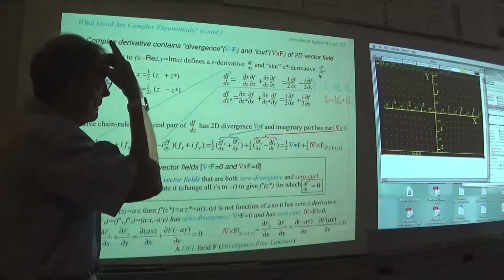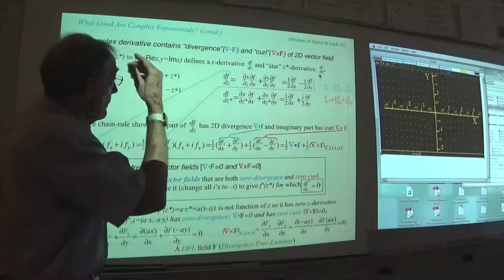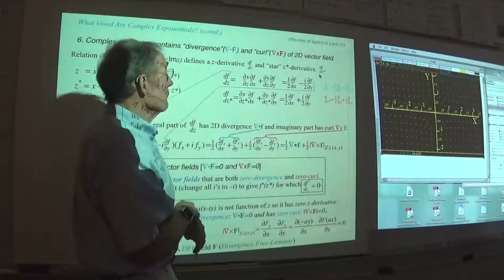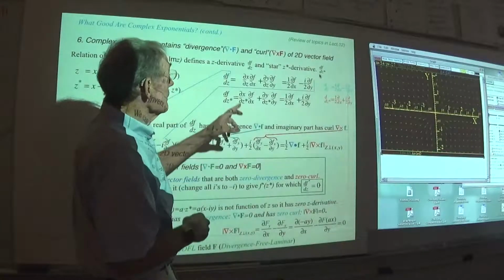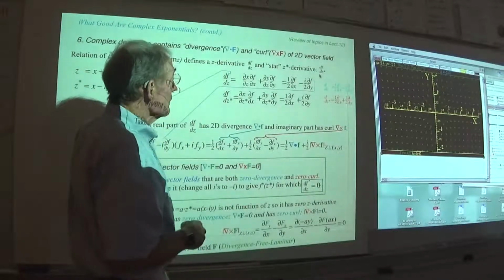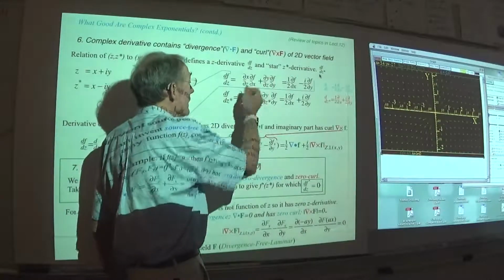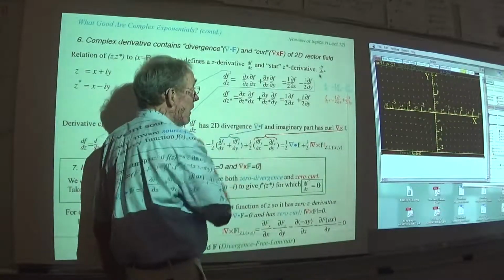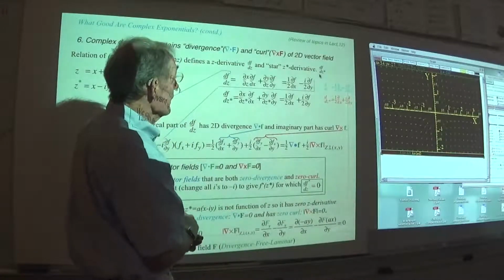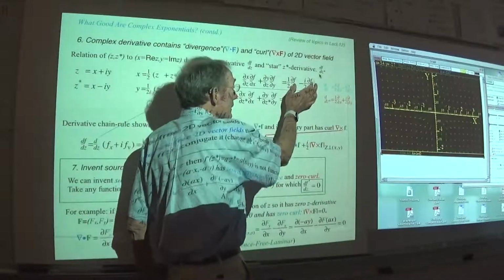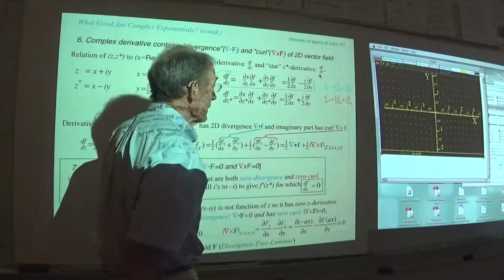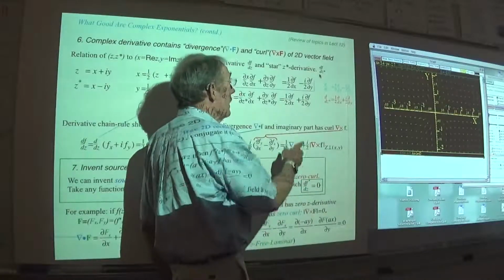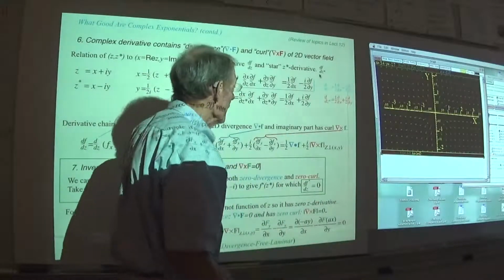And the idea of taking a derivative with respect to either the z or the z star and writing it in a chain rule using the partial derivatives of x and y with respect to, say, z or z star, that you get an operator, a partial derivative with respect to x minus i times the partial derivative with respect to y, with this little 1/2 in there.